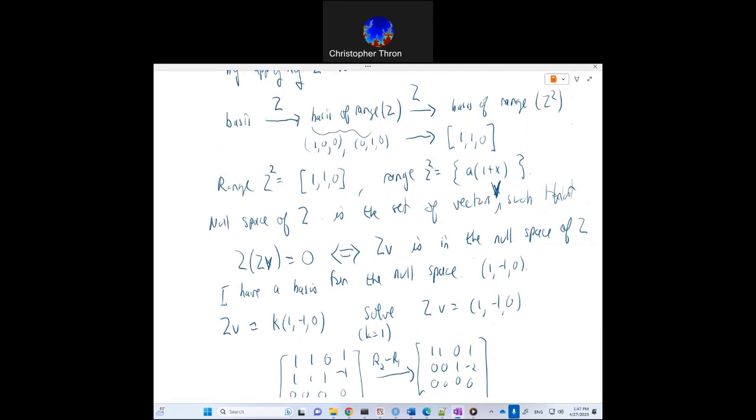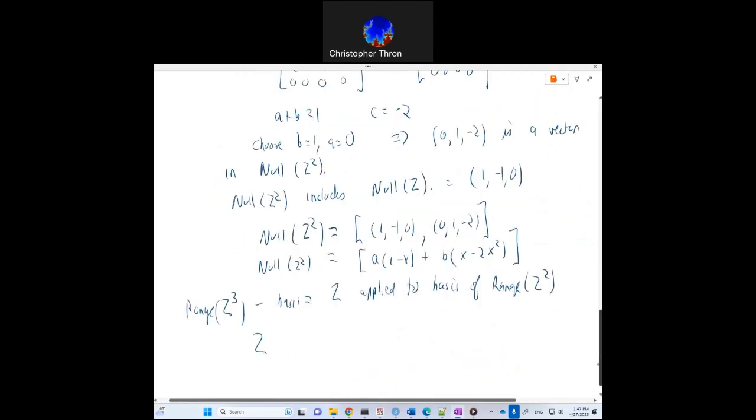All right, so if I apply z to this vector here, (1, 1, 0). Remember this matrix here is (1, 1, 0), (1, 1, 1), (0, 1, ...). And then I have (1, 1, 0). That's equal to (2, 2, 0). Okay, so it's the same. It hasn't changed.